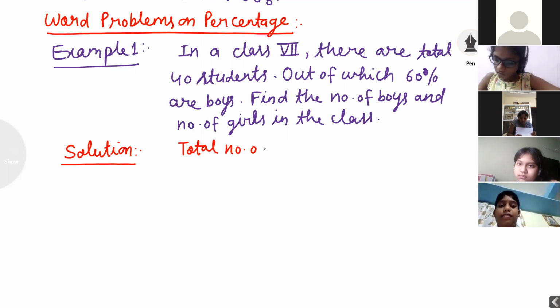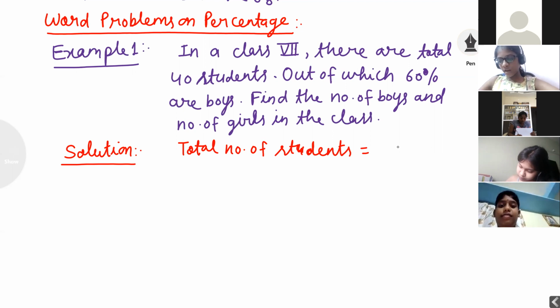Total number of students is equal to 40. Next, out of which 60% are boys. Boys percentage he has given, means firstly I can find out number of boys. Number of boys is equal to 60% of 40.